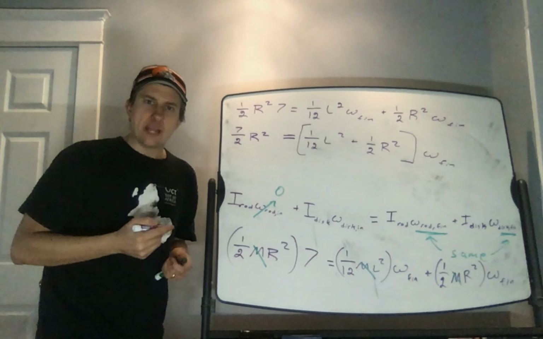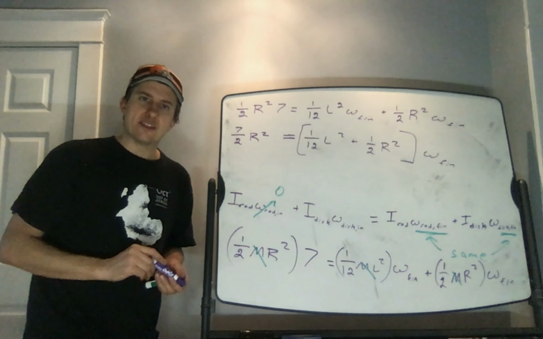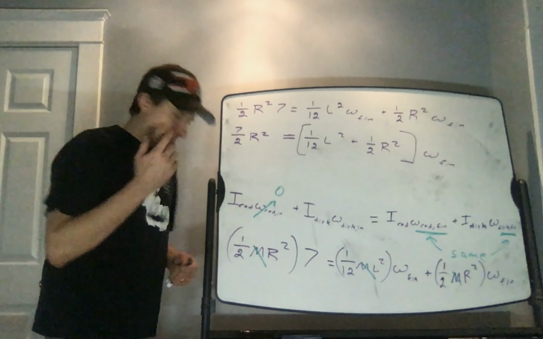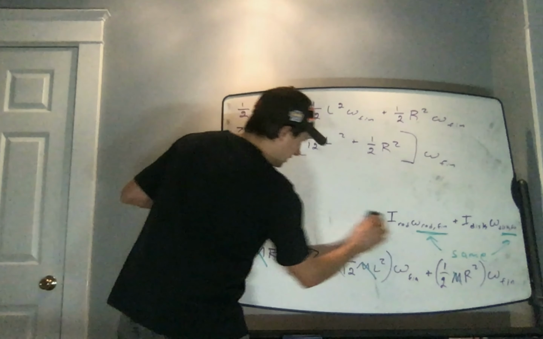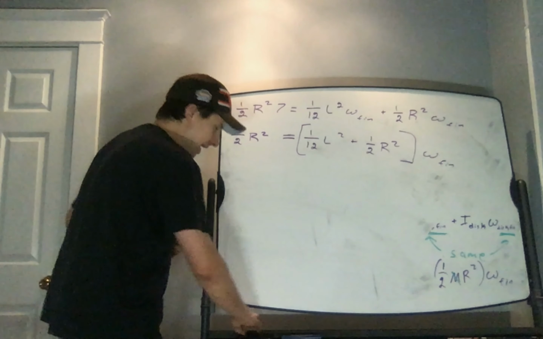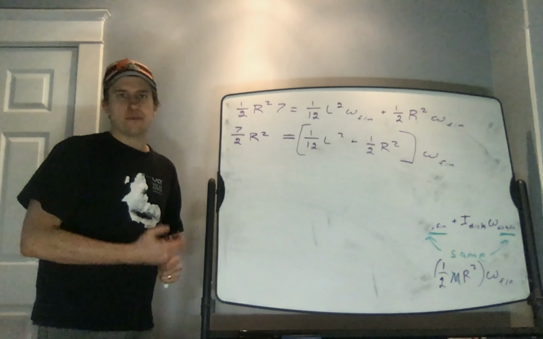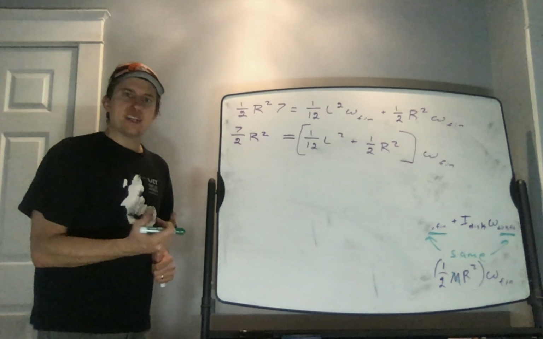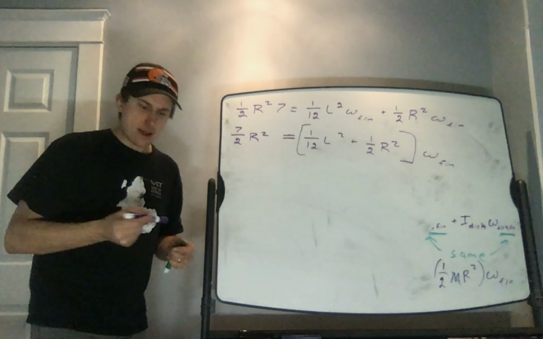And what I'm going to do next is think about the connection between L and R. In this problem, we have a rod of length L and a disc of radius R. But the length of the rod is the same as the diameter of the disc.